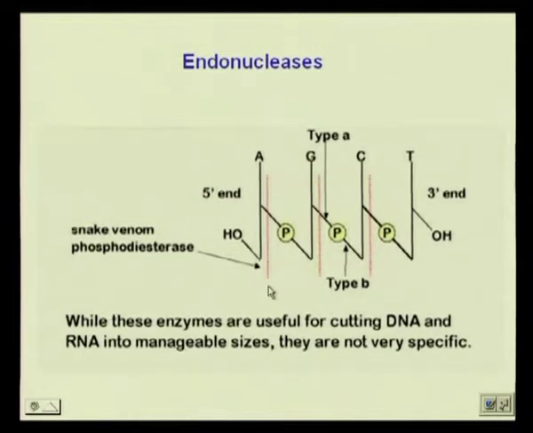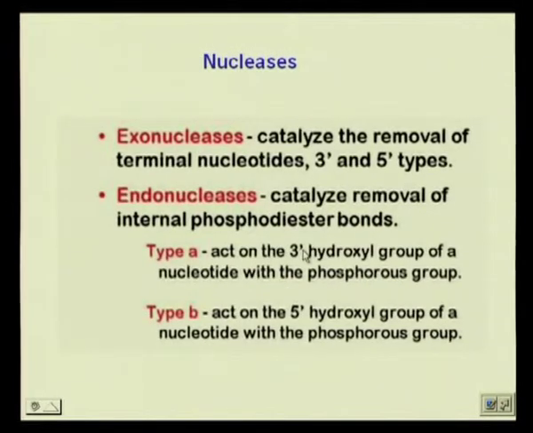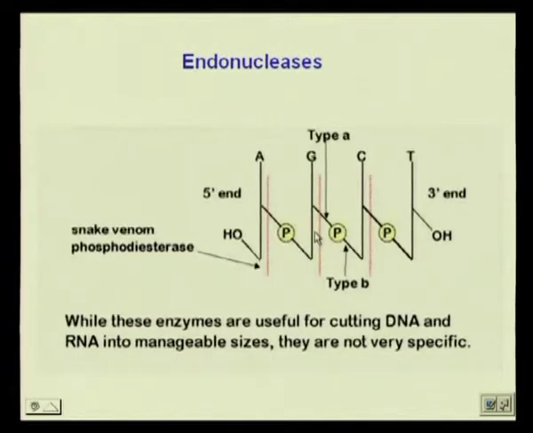Okay. So, we have the 5' end and the 3' end. Type A acts on the 3' hydroxyl group. So, we have our AG. What is this part? This is the 3' of this, right?